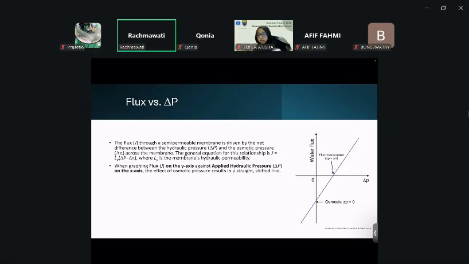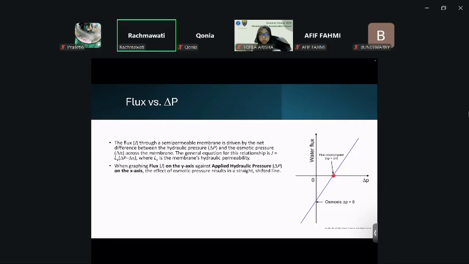So you can see that the effect of osmotic pressure will result in a straight shifted line. Shifted as in not passing through 0, 0, but shifted to the right. That's the idea when you have osmotic pressure, meaning that your water is not pure. So when you plot water flux versus delta P, it will not cross the origin point. It will be shifted to the right.